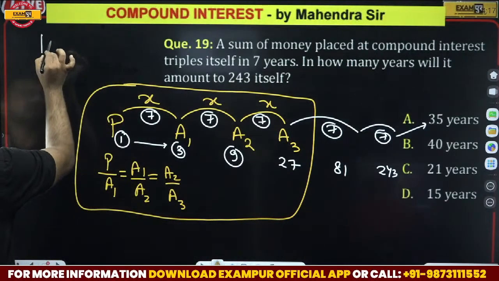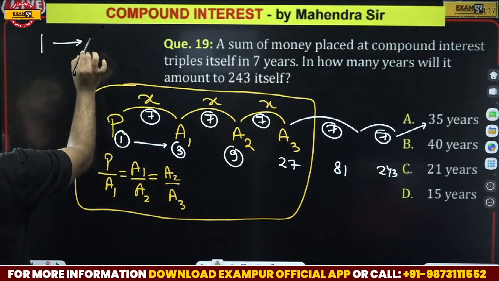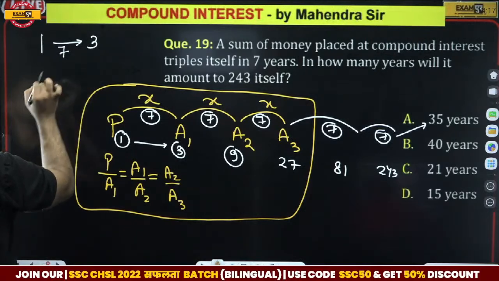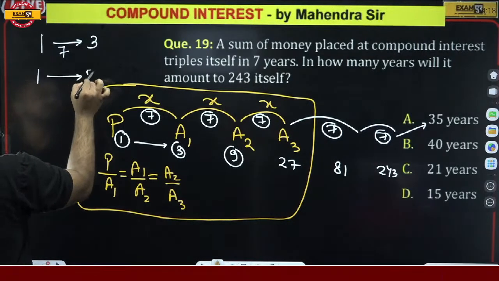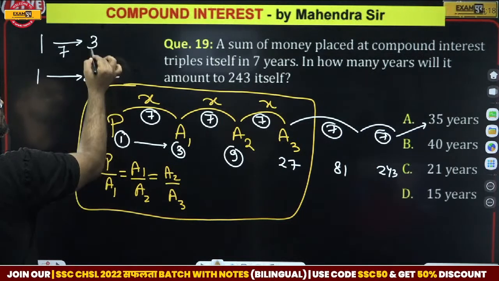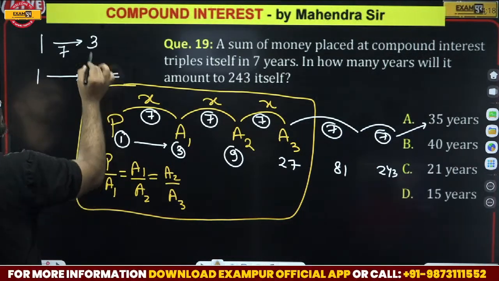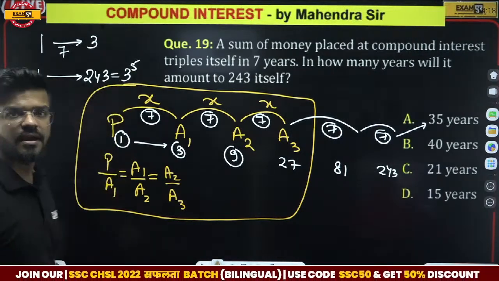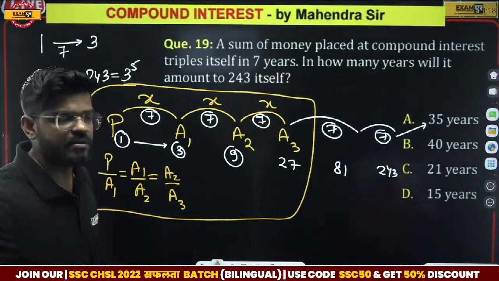The short trick is, if my P is becoming triple in 7 years, then it will become 243 times. Just convert it into the power of this. What is the power of 243 in 3's? 3 to the power 5.